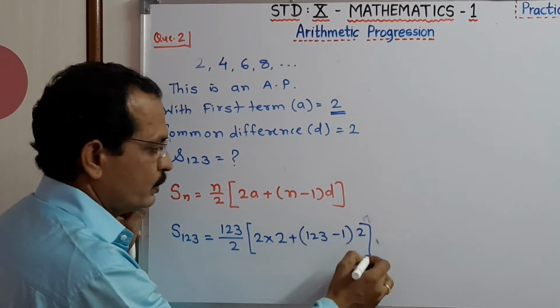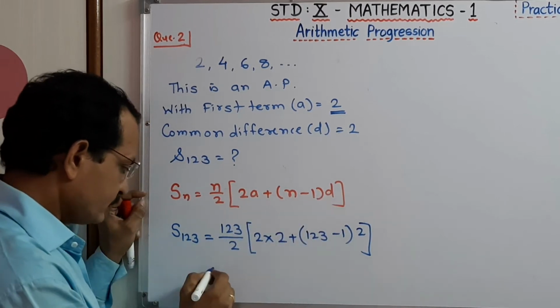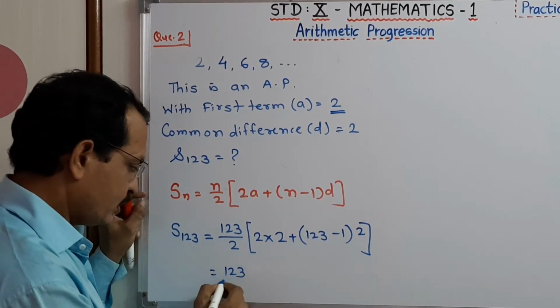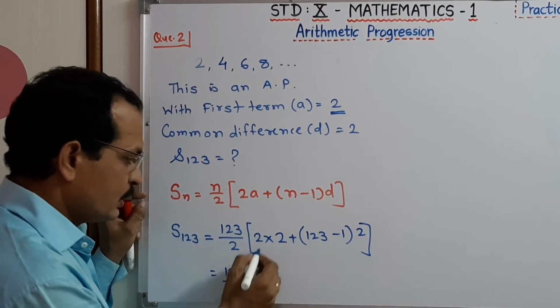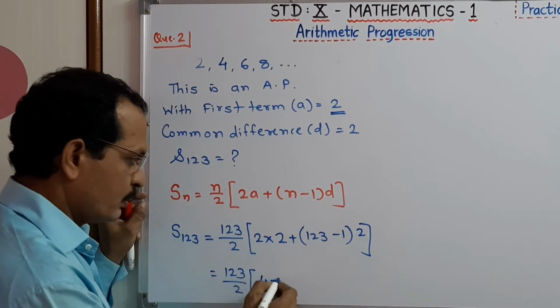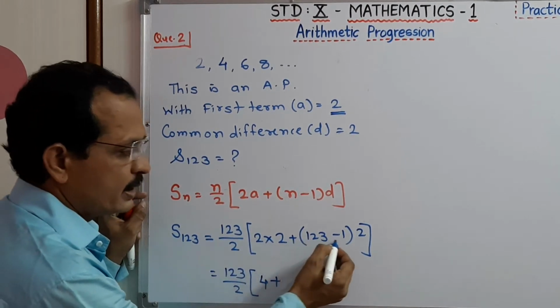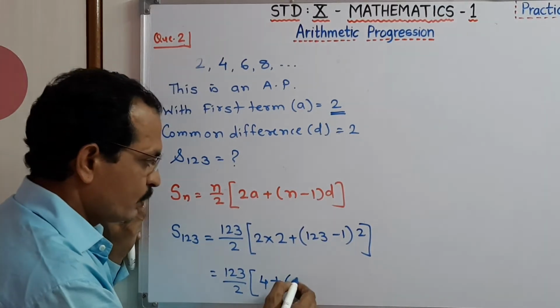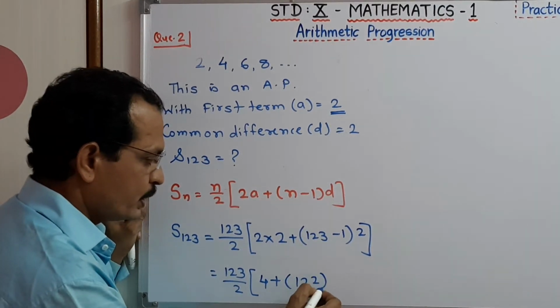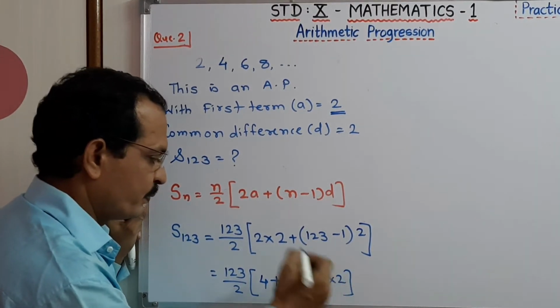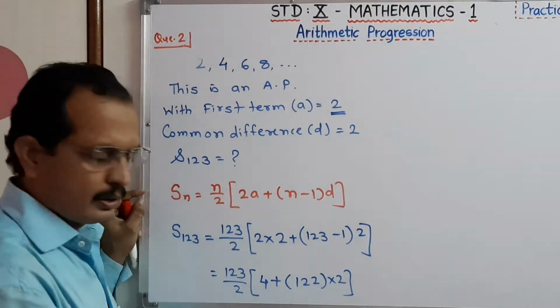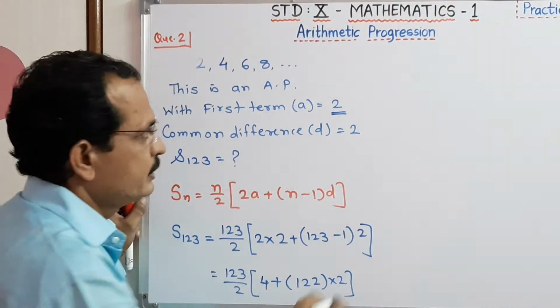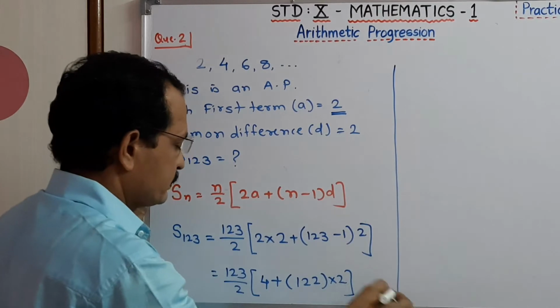Now we have to solve this. It is 123 upon 2 as it is, 2 2s are 4, plus 123 minus 1, it is 122 into 2. Got it? Very easy. Now we can solve this further.